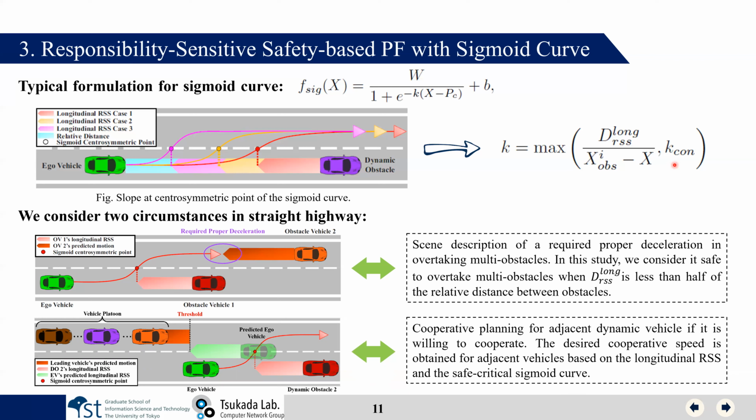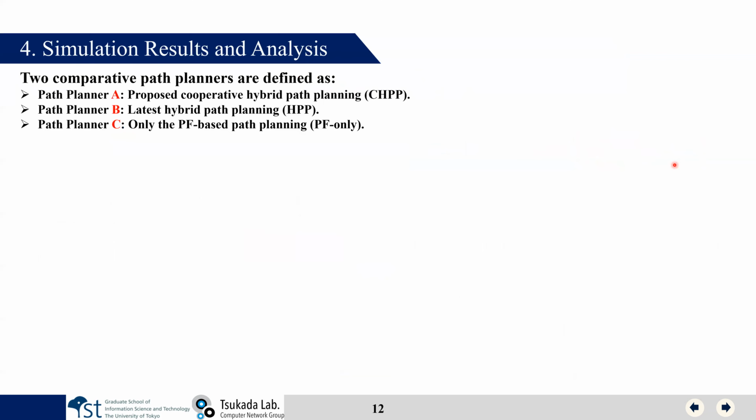So in this situation, when the dynamic obstacle 2 performs a sudden decelerating action without pre-warning, the ego vehicle is able to send a cooperative velocity to the platoon via V2V communication. So the platoon is able to receive that requirement and perform the cooperation.